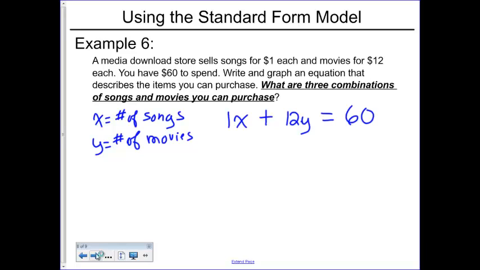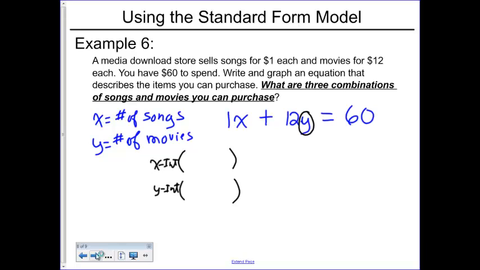Now, to answer the question, what are 3 combinations of songs and movies you can purchase? Well, the first thing you can do is come up with the x and y intercepts. Okay, so we'll do the x-intercept here, and we'll do the y-intercept here. The x-intercept is when y is equal to 0.